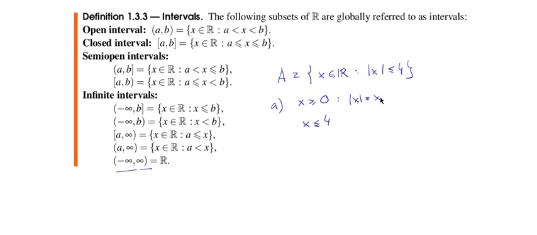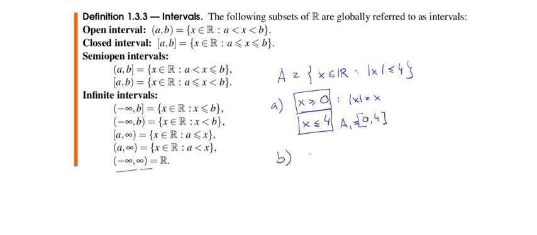Then the absolute value of x is x, and it is smaller or equal than 4. So this includes all numbers that are greater or equal than 0 and smaller or equal than 4. And we say this is from 0 to 4 closed. Okay, so let's call it A sub 1.